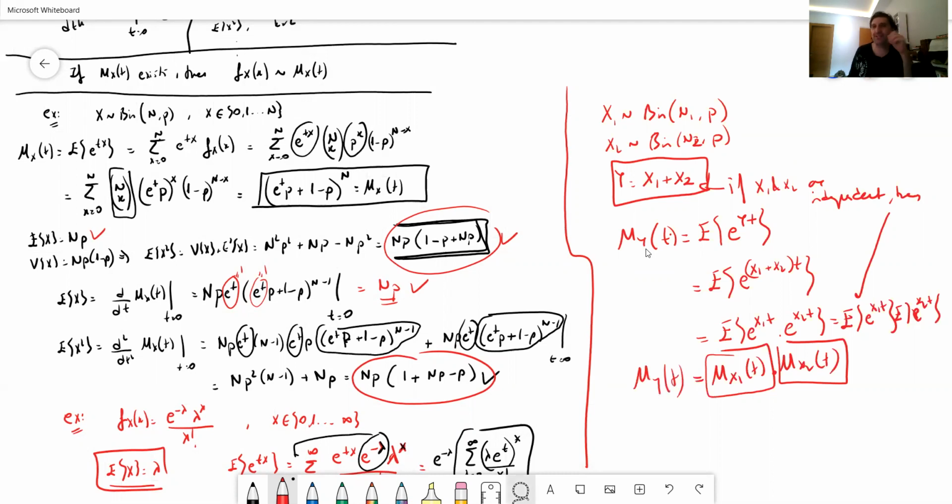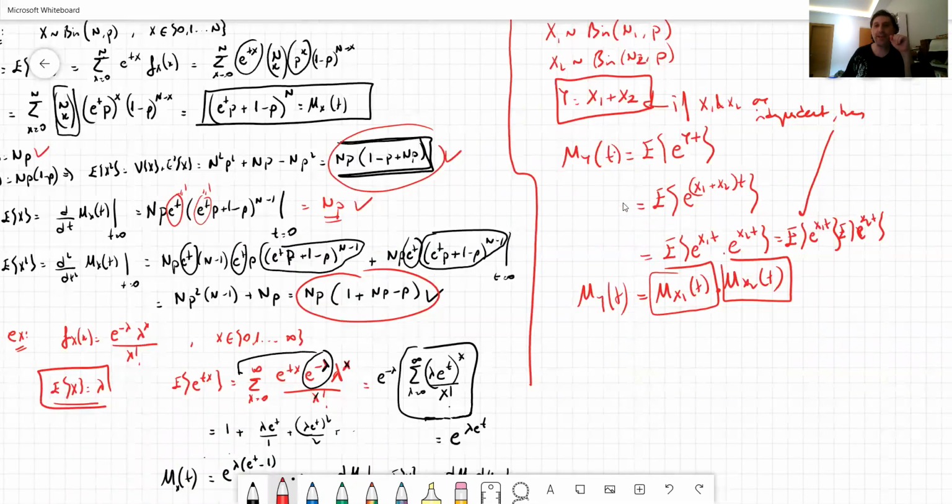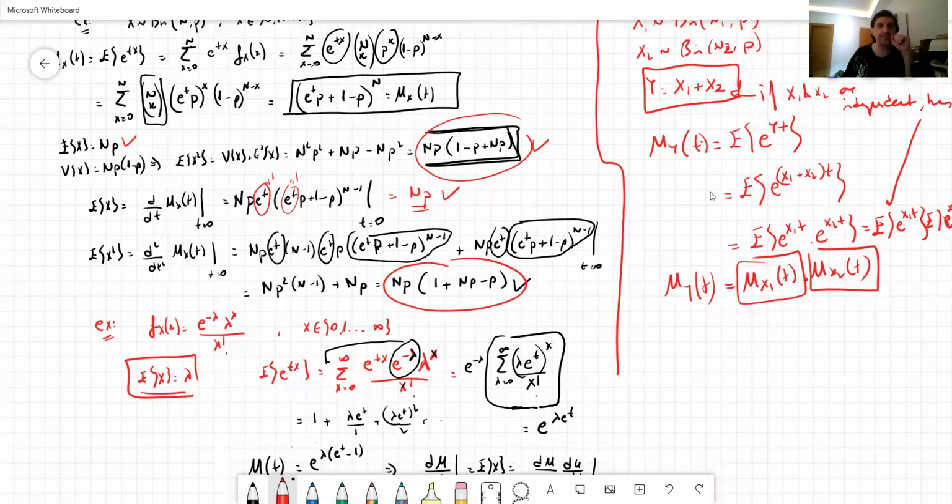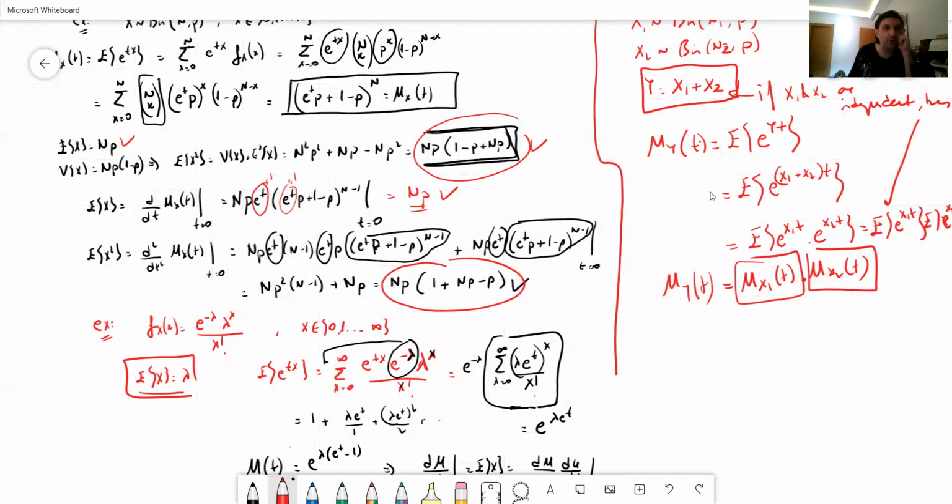So you may ask what we are going to do with that. But note that since there is a one-to-one correspondence between the moment generating function and the distribution function, we can go back to the distribution function. Let's see what result we found for the moment generating function of a binomial distributed random variable. Yeah, that was the result.